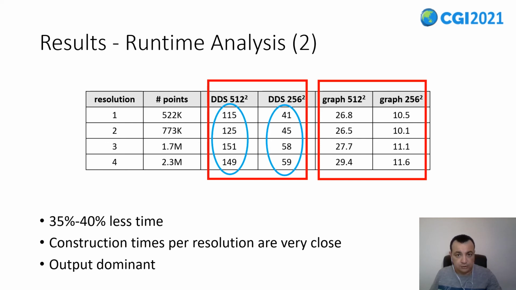More importantly, the construction times per resolution are very close, which means that the DDS construction runtime is output dominant. And that is because runtime is a function of the number of fragments, which is proportional to the projected surface area, which should be constant for the same view regardless of the resolution.